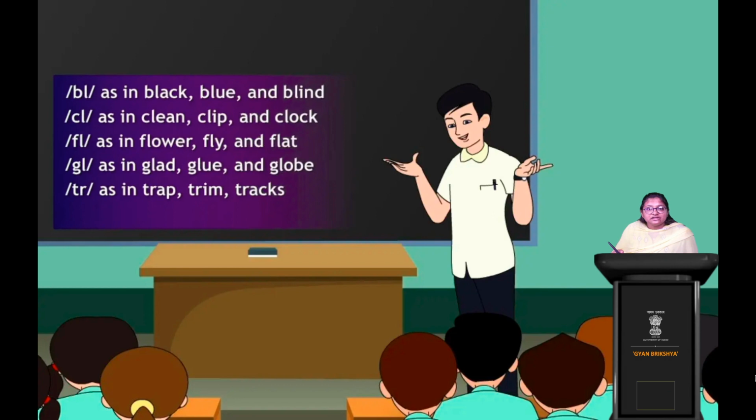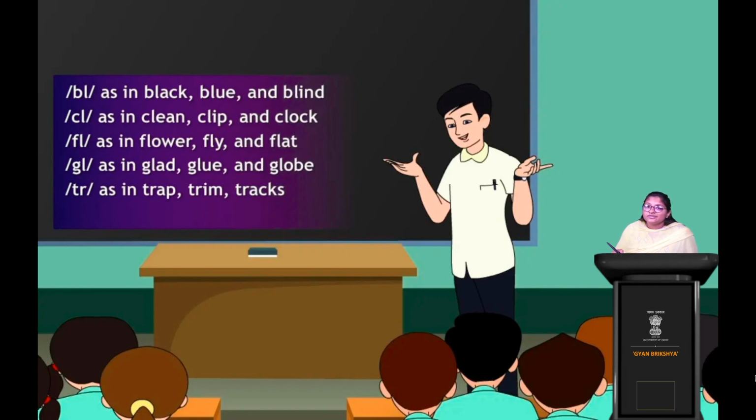Think about it. One word can be blight, right? Another word can be bleak. BL, bleak means very dark. Bleak, BLEAK, right? Okay.